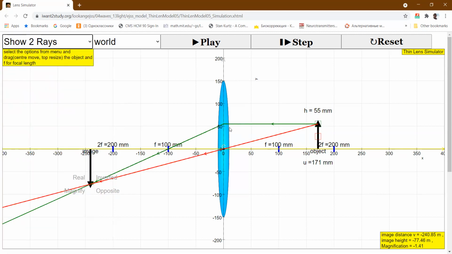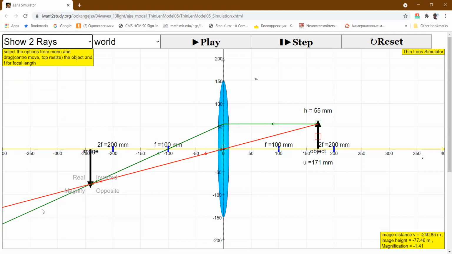So how do we build an image using geometrical optics? First, we remember that for a converging lens, parallel light goes through the lens and after that goes through the focus and converges at focus. We can draw a line parallel to the axis of the lens up to the lens, and then bend it through the focus, and that's the green light, right?